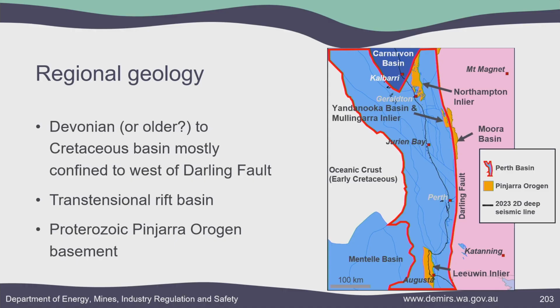And these terrains have varying lithologies and separate tectonothermal histories, despite their close proximity, which suggests their amalgamation along large structures that likely later influenced the development of the overlying Perth Basin. And you can see there our three seismic lines that we acquired are in black, and these are actually the first lines to image these Proterozoic terrains.